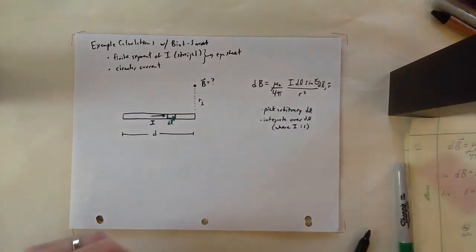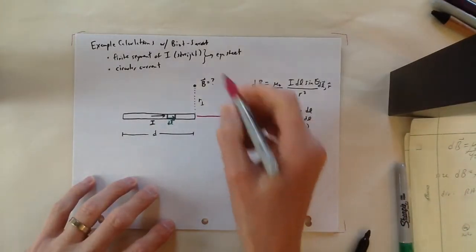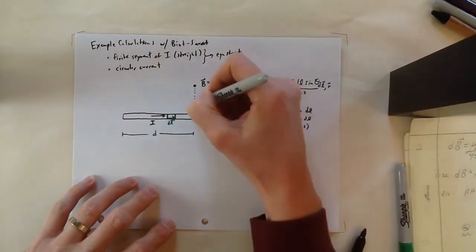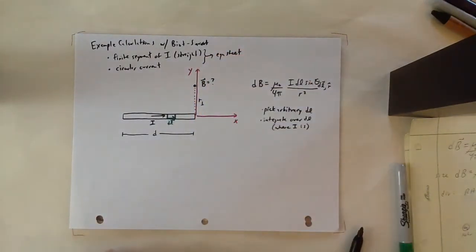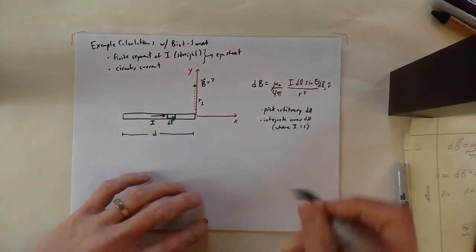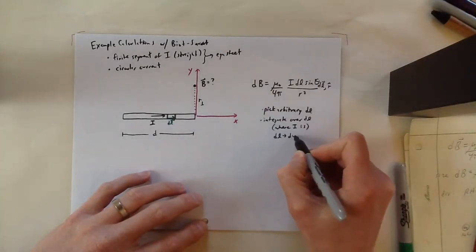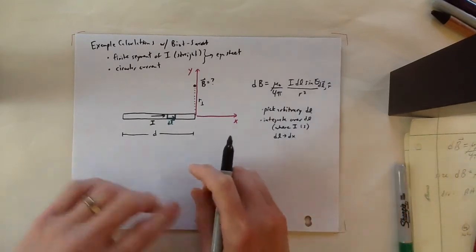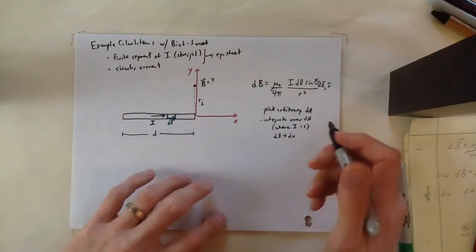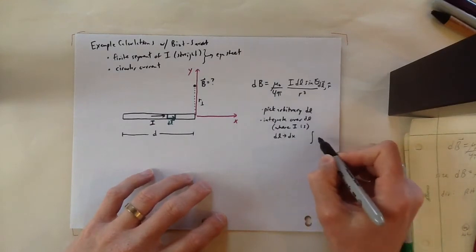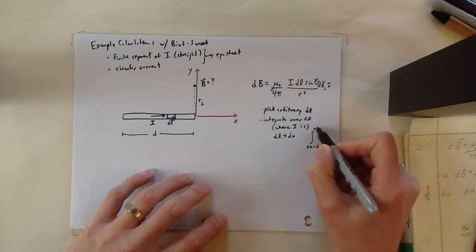So in my case, I'll go ahead and put some axes here. I'll call this the x-axis, and I'll call this the y-axis. And so my integration here, my dl, is going to be an integration over just x. And you can probably already see that since the current actually lives here only, my integration bounds over dx are going to be from x equals minus d to x equals 0.